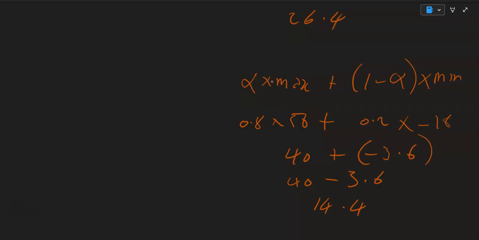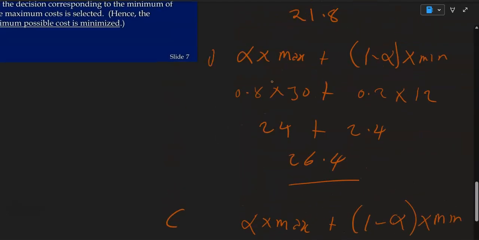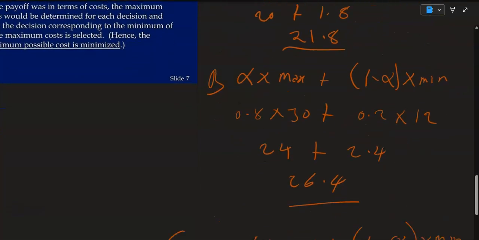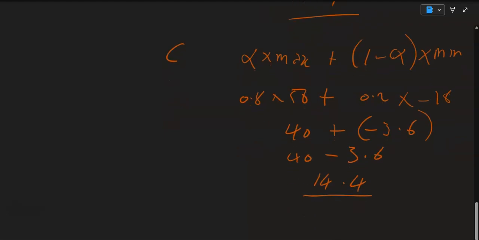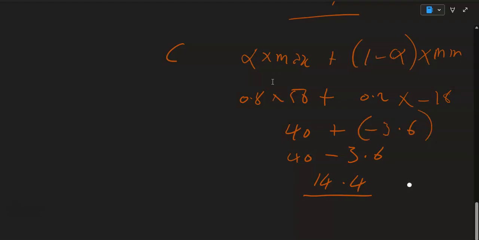Then you compare this, your investment C, and this, your investment B, and this, your investment A. So you have 21.8, 26.4, and for C, 40 minus 3.6, which is 36.4.